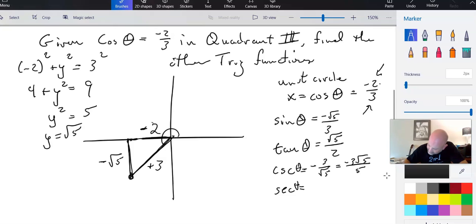I forgot my little angles. Where was I? Oh, yeah. Secant's reciprocal of cosine, so it's -3/2, and then cotangent is the reciprocal of tangent. So that makes it 2/√5, and it's positive. Now I need to rationalize that, so that's 2√5/5.